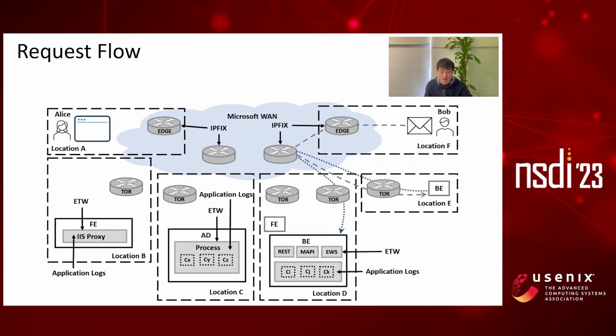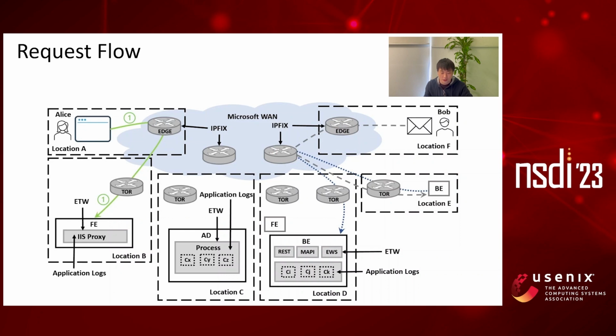To give a sense of how a request flows in Exchange, here is an example of a user reading email from his or her mailbox. Let's say Bob sent an email to Alice, and Alice wants to read her email. There are 4 steps. First, Alice's client sends a request to the closest Exchange front-end machine.